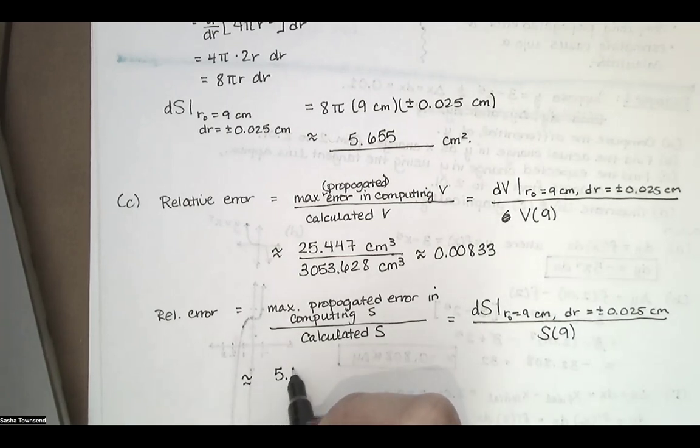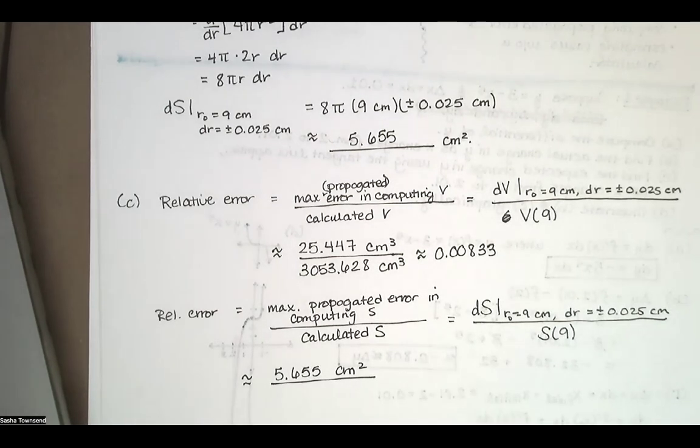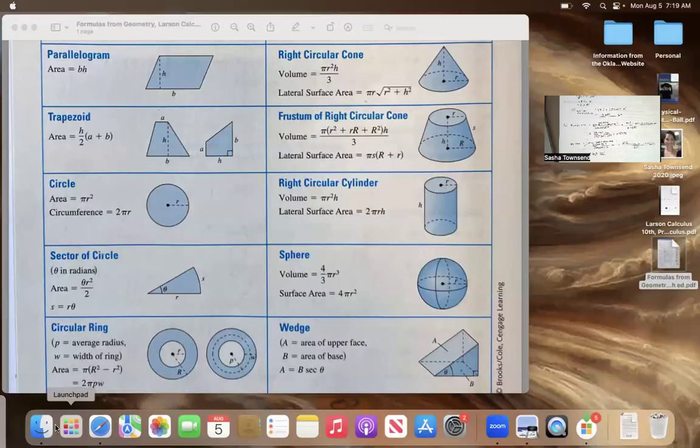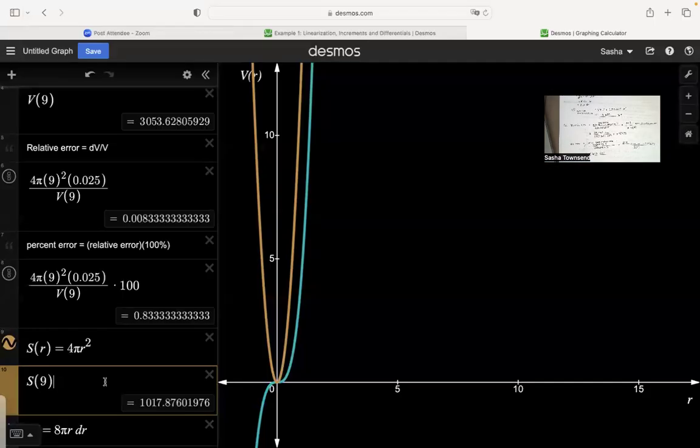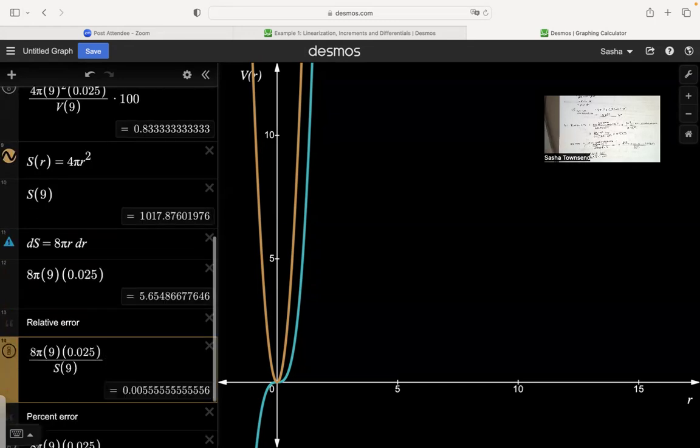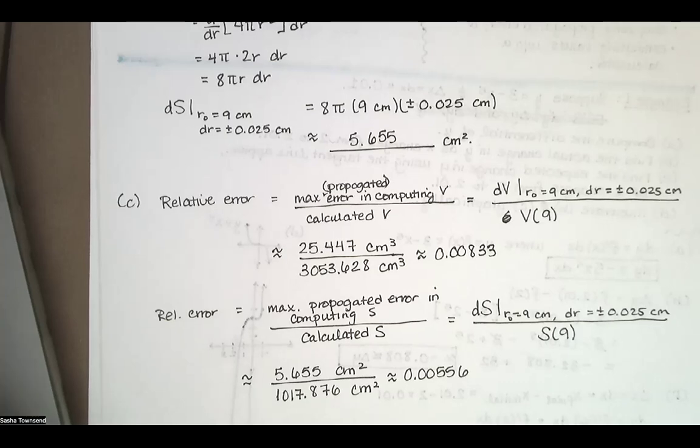And it's approximately 5.655 centimeters squared divided by, just keep having to look at that screen, 1,017.876 centimeters squared. And if we divide those, get the relative error, we have approximately 0.00556.